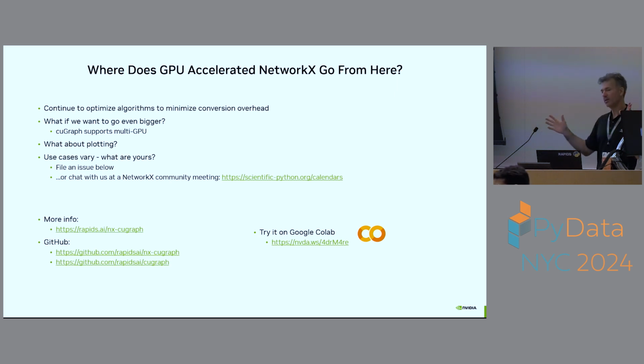So dictionaries all the way down. Cugraph is a homogeneous graph type. It's not a proper graph like NetworkX. So it's just numerical, zero-based nodes and edges. You can have a weight value too.